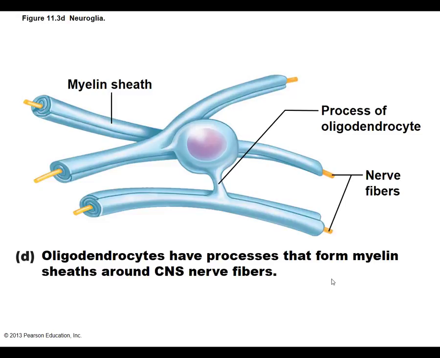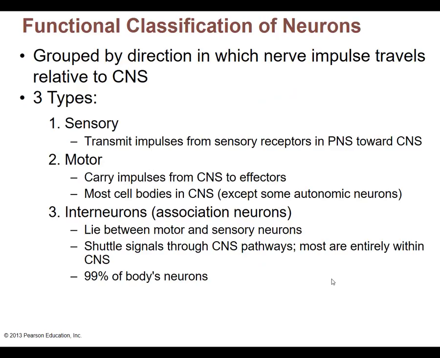Now these neurons that are sending information every direction, we group them into one of 3 types. A sensory neuron, because it sends its information from the sensory receptors, whether it's your eyes or your skin or wherever it is, and it sends it toward the central nervous system. A motor neuron carries information from the central nervous system out to an effector organ. We'll go back to the bear.